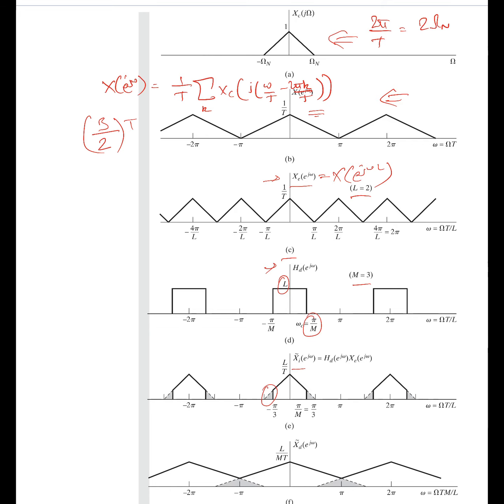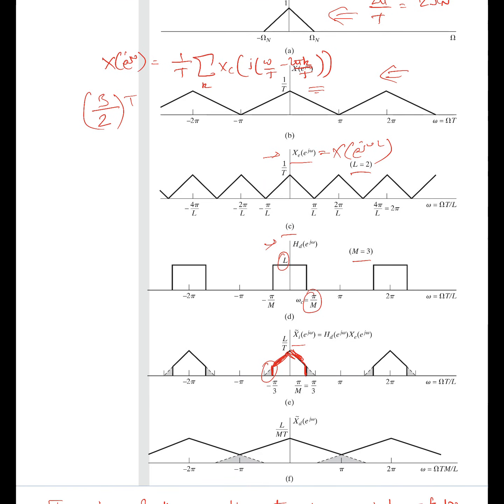So the remaining signal would be this one. Finally, the last figure shows the DTFT of the output of the downsampler by M equal to 3.